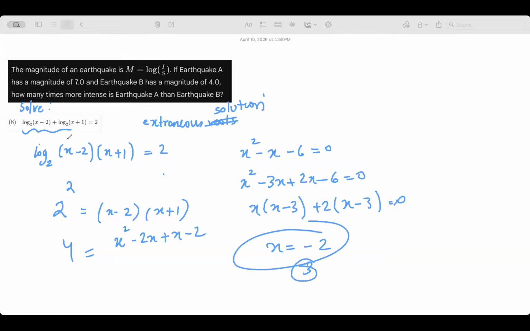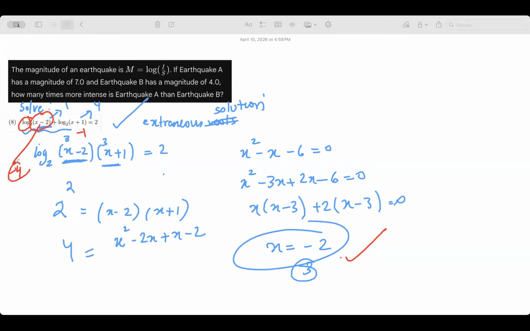Okay, now plug in 3. If you plug in a 3, that's going to be a 1. Plug in a 3, it's going to be a 4. So that's right. Everything is valid. So definitely 3 is a solution. Plug in minus 2 here, this becomes a minus 4. This becomes a minus 1. Log of a negative number is undefined.